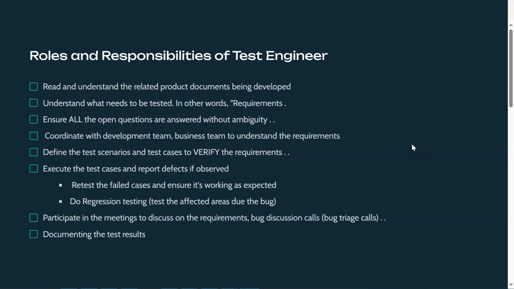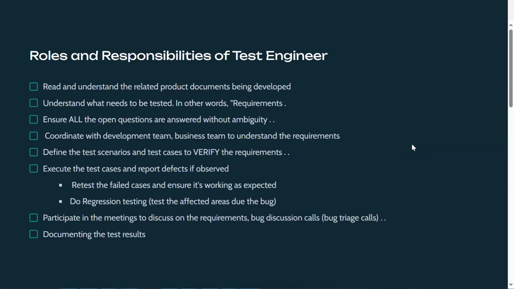Then task prioritization, that means we review our tasks planned for the day and prioritize based on the deadline and the project needs. After that, we review our requirements and perform our test execution. Afterwards, we log any defects found during our testing and document our challenges or new learnings, whatever they may be. That is our day-to-day activity. We have to document because there might be a chance of forgetting in the future.